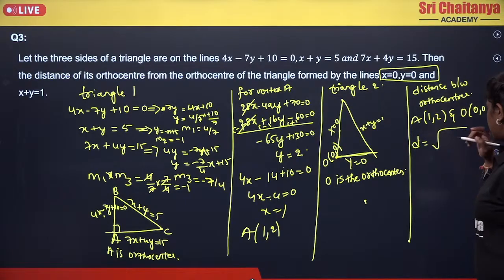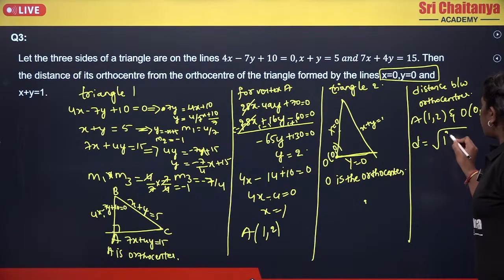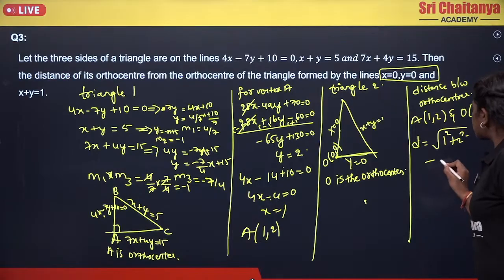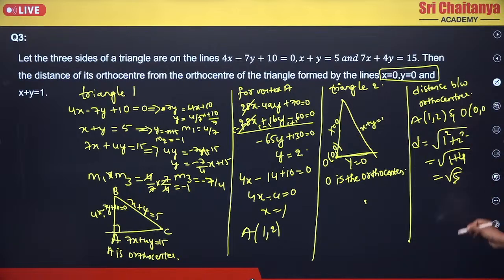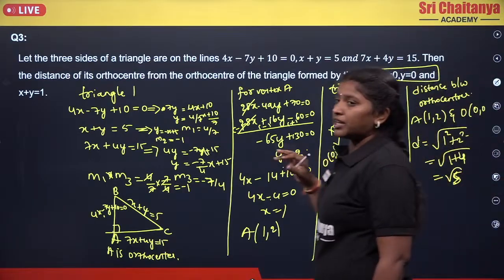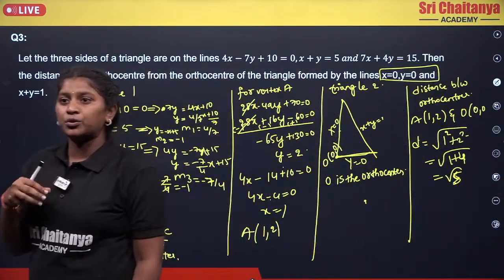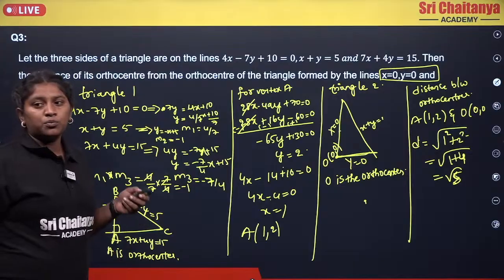So that becomes 1 square plus 2 square, which is nothing but root of 1 plus 4. So that becomes root 5. So the distance between the two orthocenters will be root 5. Okay. So this is how we are going to simplify if they give any problem related to the orthocenter. Now moving to the next.